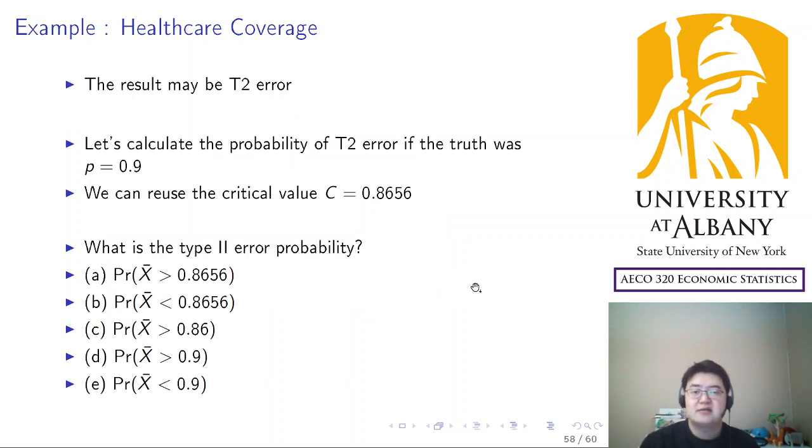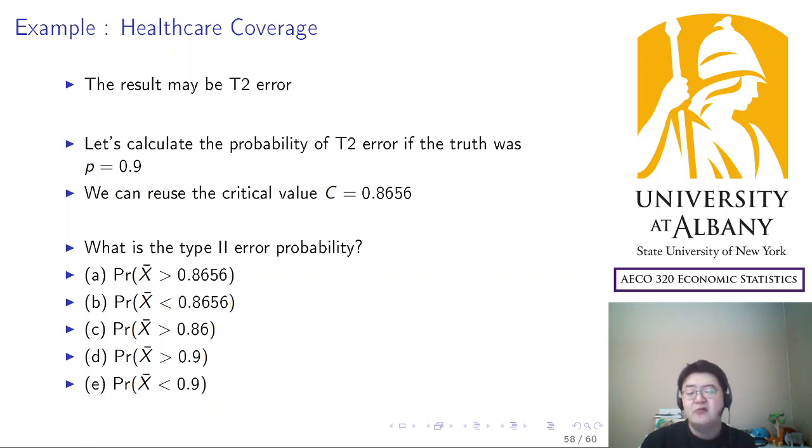And the next exercise is type 2 error probability. Now, how would we like to calculate type 2 error? In this case, type 2 error is that the Affordable Care Act had a positive effect. It was good. It did improve the coverage rate, but you could not see that.